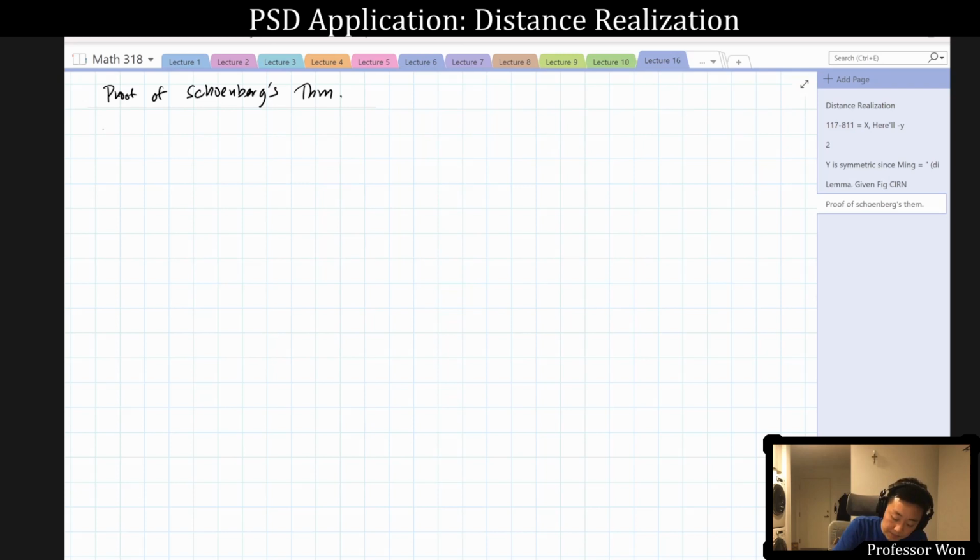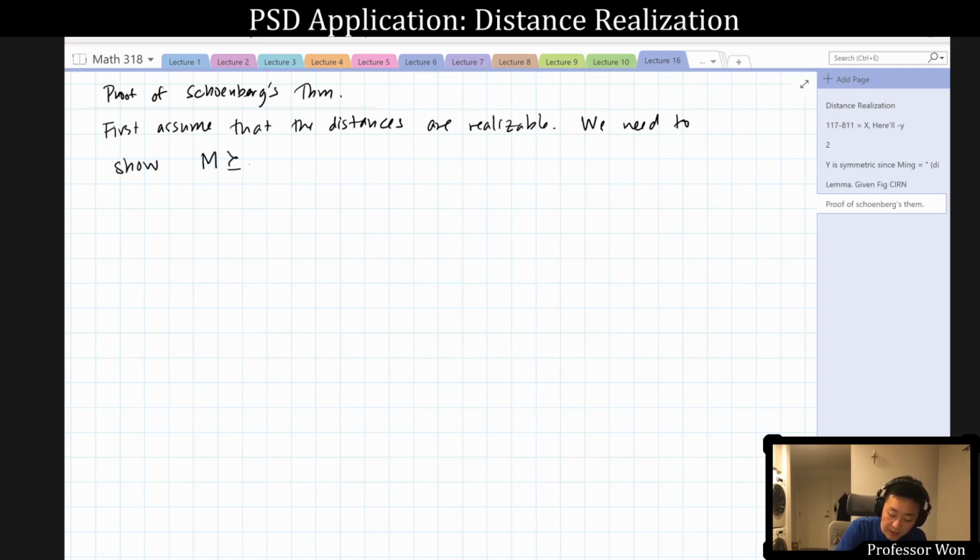So first, assume that the distances are realizable. We need to show that matrix M is positive semi-definite. And I'm just realizing, based on these notes, that I haven't used this symbol that I introduced for it in lecture yet, so let's use it.